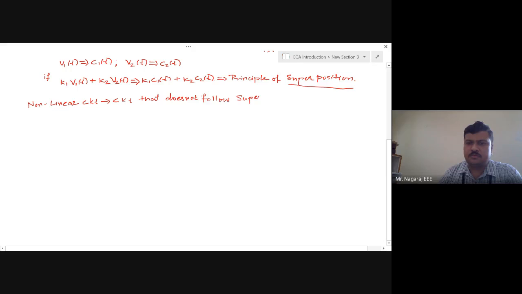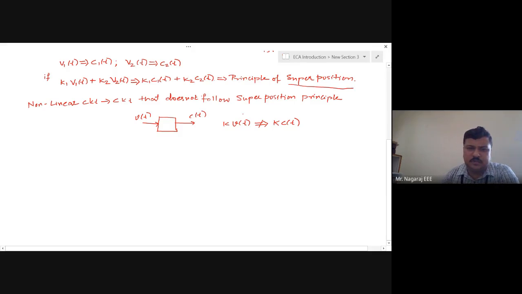In the sense, if you take a circuit with my V of t producing an output C of t, here K into V of t will not produce K into C of t. The best example is a diode.